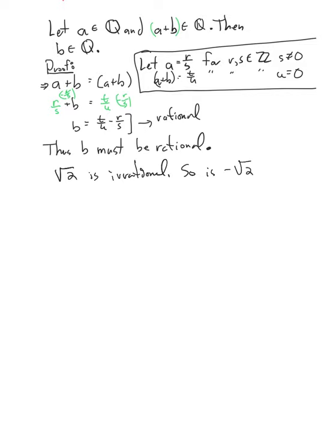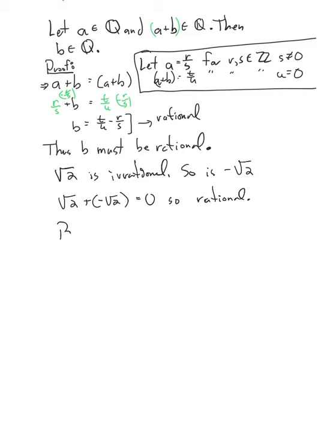So clearly, square root 2 plus negative square root 2 equals 0. And 0 is, of course, rational.